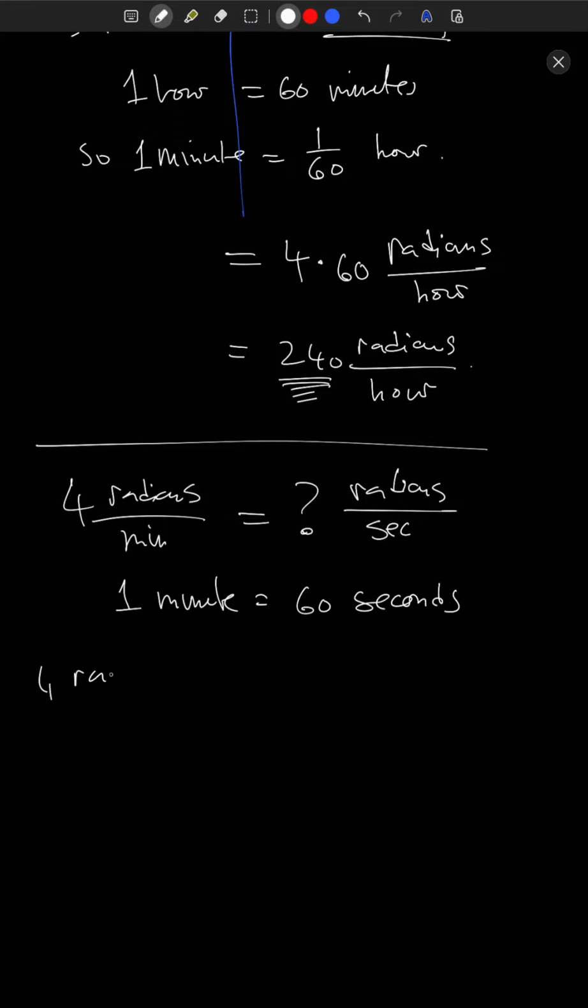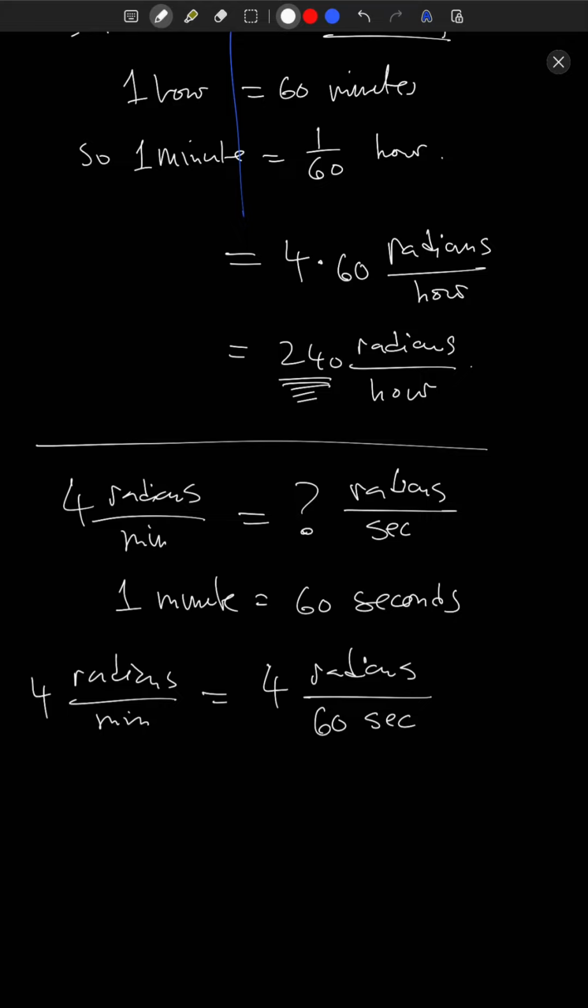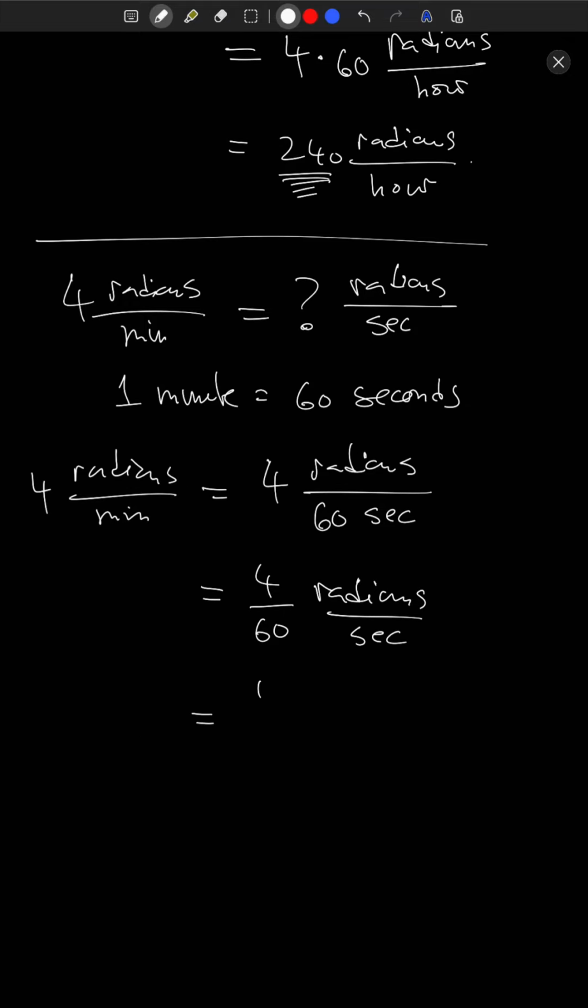And so 4 radians per minute converts directly to 4 radians over 1 minute is 60 seconds, so 60 seconds. Okay, and so we get 4 over 60 radians per second, which, let's simplify this, is 1/15th of a radian per second.